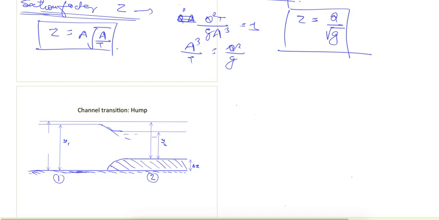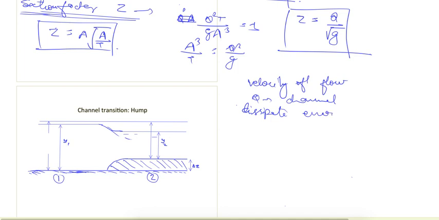Next is the channel transition. So channel transition we use to find out the velocity of flow or the discharge through a channel, or if we want to dissipate some energy. For these purposes we use the channel transition.